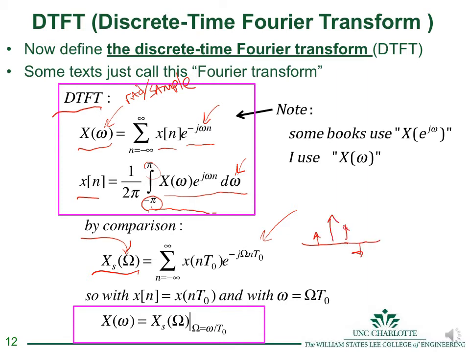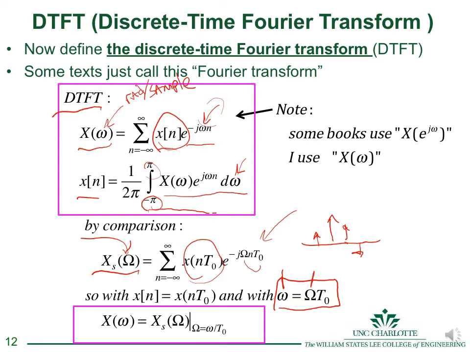And that Fourier transform, by comparison, looks the same. These x(n t0)s, by definition, equal the x(n)s. The only real difference is I have omega times t0 here, where I have lowercase omega. Of course, that's our earlier definition relating the discrete time frequency, lowercase omega, to the continuous time frequency, capital Omega.